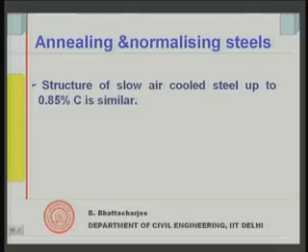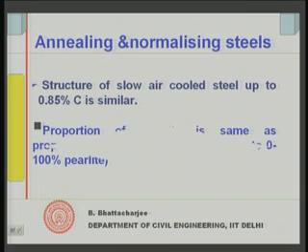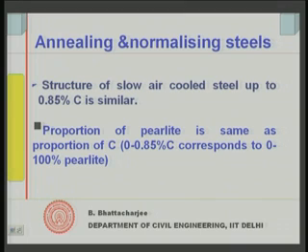The structure of slowly air cooled steel up to 0.85% carbon is similar, and one important issue I would like to tell you is that the proportion of pearlite is proportional to the percentage of carbon. It is not the same, but it is proportional.